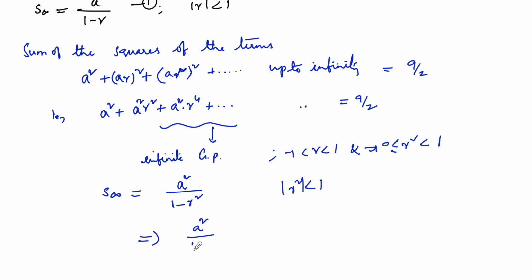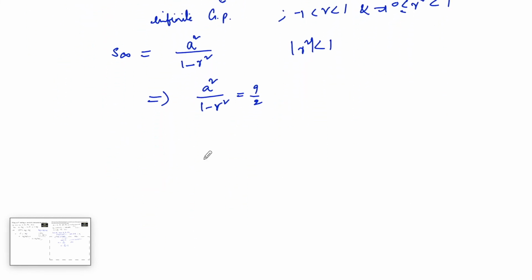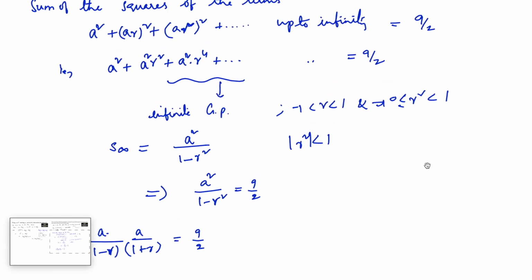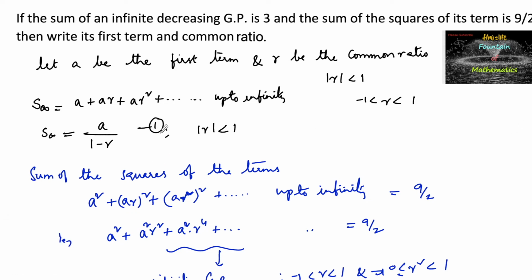So we have a square upon 1 minus r square is equal to 9/2, which on simplifying, we can write a upon 1 minus r into a upon 1 plus r is equal to 9/2, and since a upon 1 minus r, the sum of an infinite decreasing GP, is given as 3.